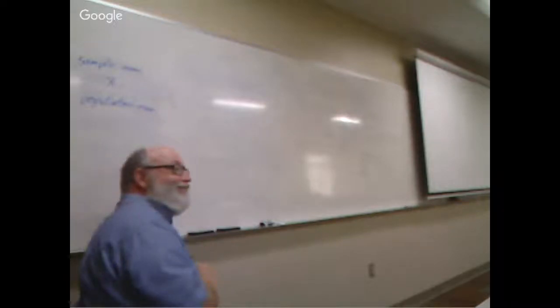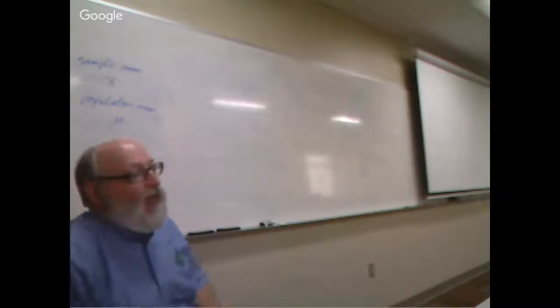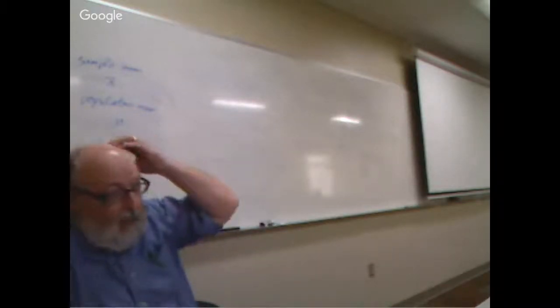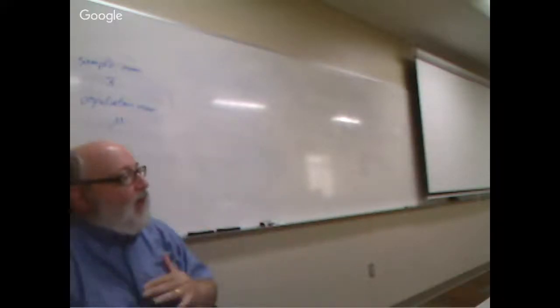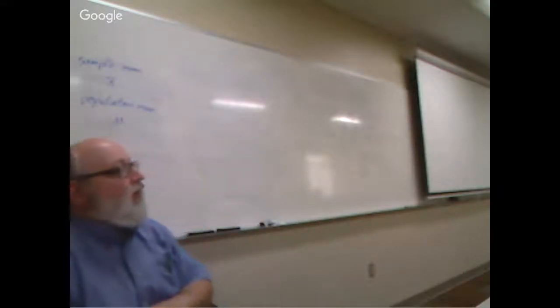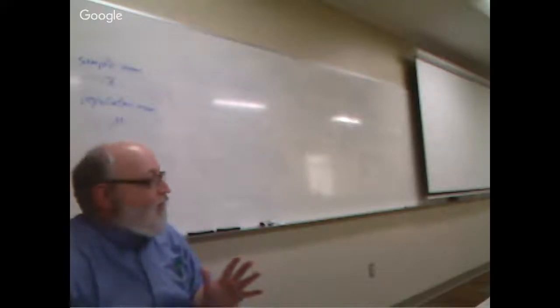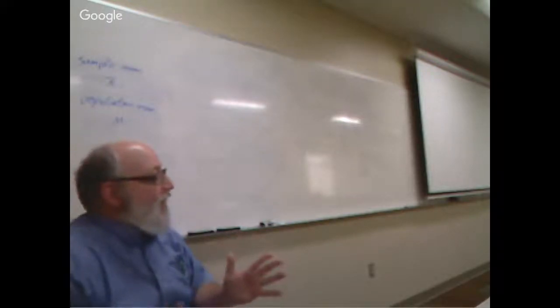Sample is X bar. Population is mu. So when we say, I want to know something about the population, that means we're trying to find something out about this mu. But we don't know what it is, because all we have is sample information, which is X bar.